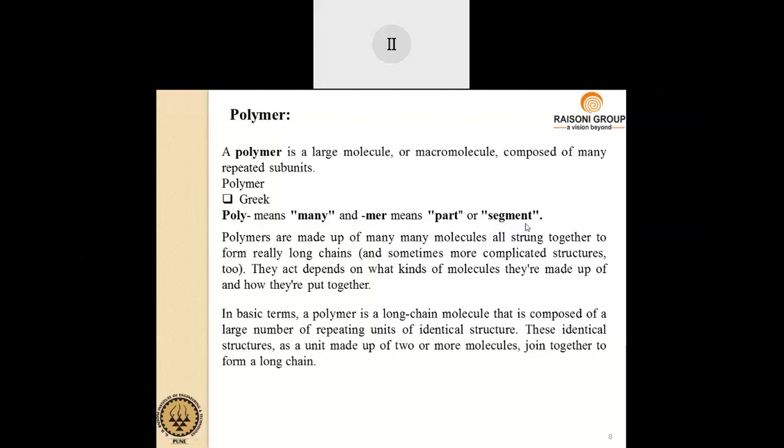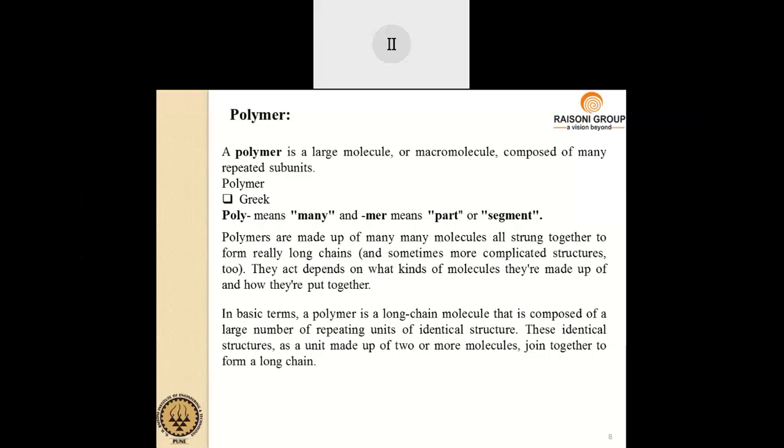In general, if you join different molecules in a long chain, then in total their structure gets complicated and they make a very strong bond and can make very hard, resistive materials. So if you can understand, the molecules are strung together to form a long chain, or sometimes they make a complicated structure.